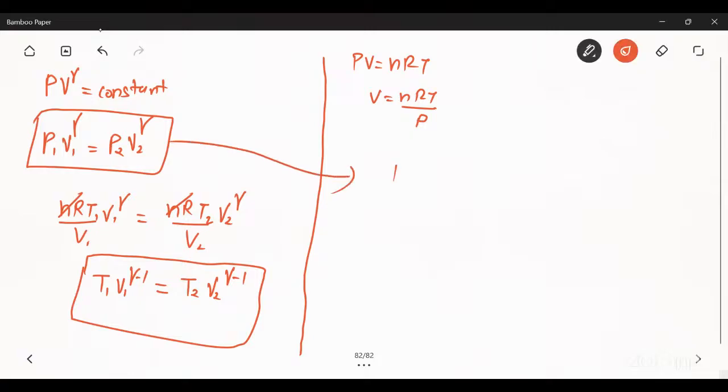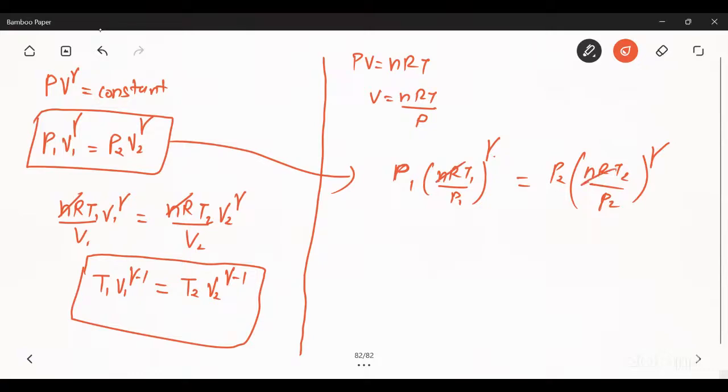So you will get P1 times nRT1 upon P1, whole to the power gamma, is equal to P2 times nRT2 upon P2, whole to the power gamma. nR is cancelled by nR.